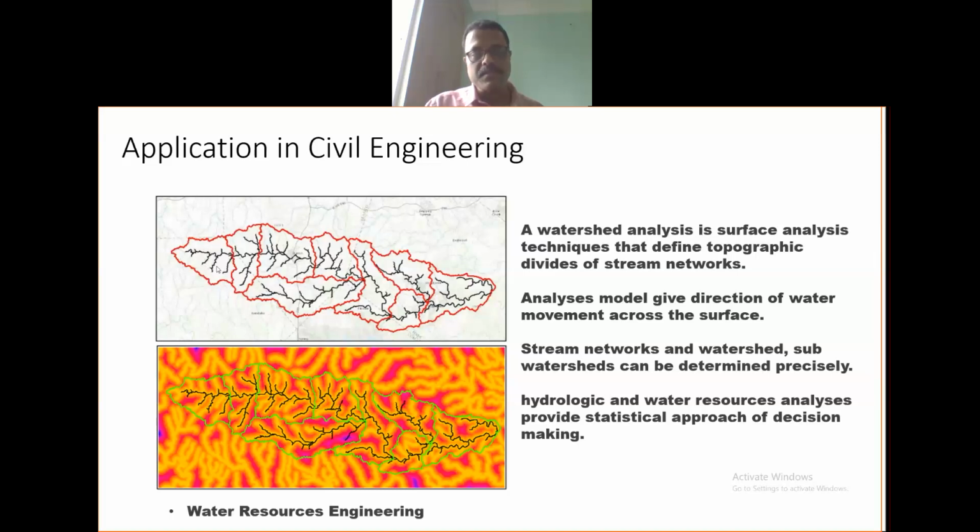This information has to be shared by the state or the district in the upper part of the basin with the middle part or the lower part of the basin.